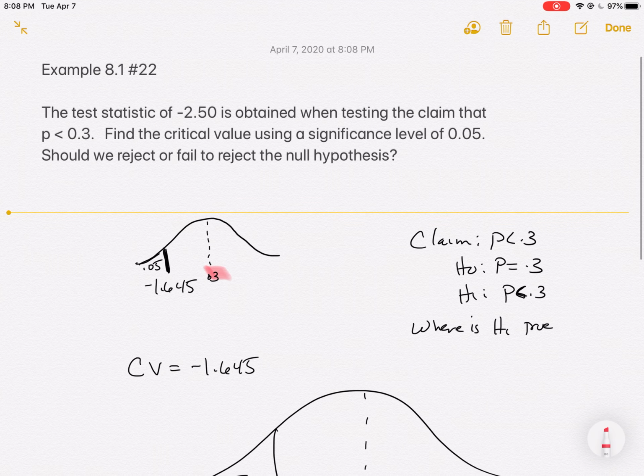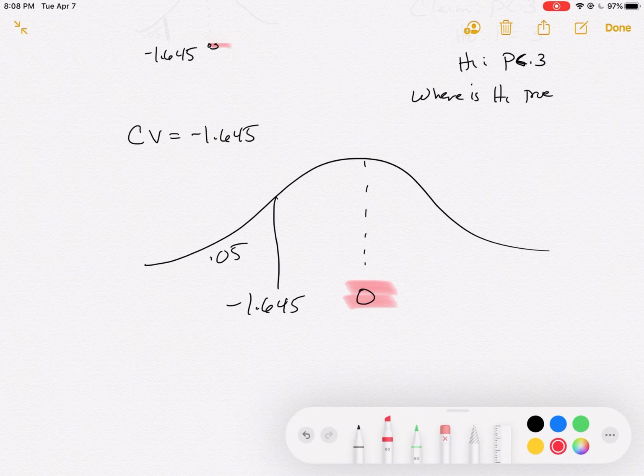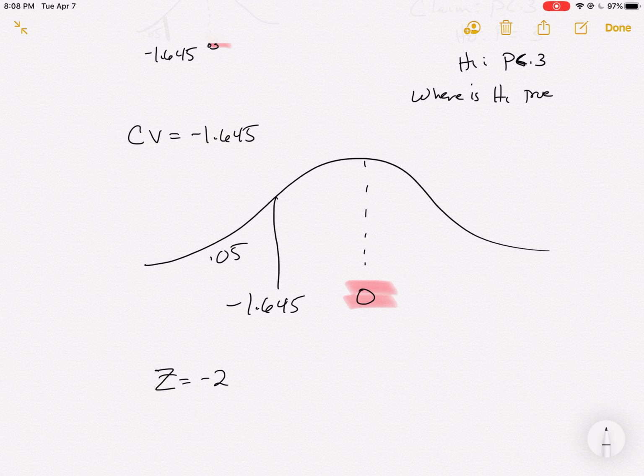Well, let's go look. We had a test statistic of negative 2.50. That's way more. Where is our test statistic? This test statistic value, which was a z value of negative 2.50, it's back here. It's in the tail. It's in the reject the null hypothesis region. This is the fail to reject the null hypothesis.